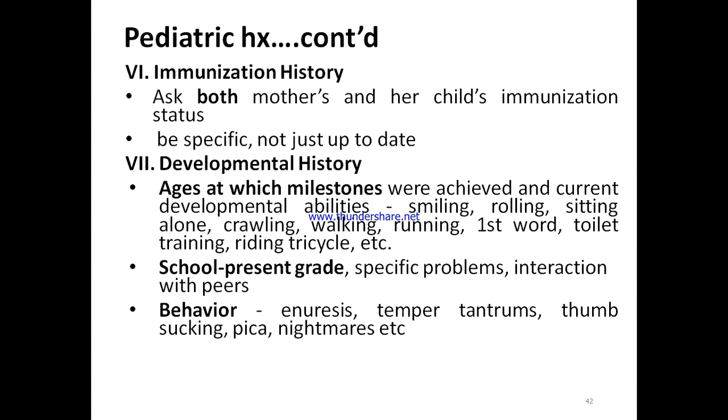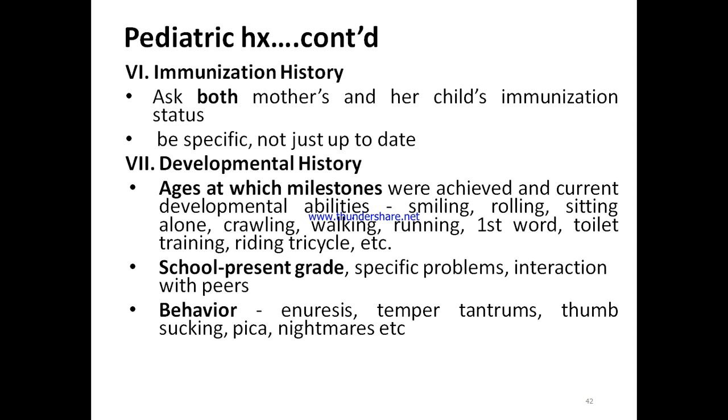The other parts of pediatric history: developmental history, the age at which milestones are achieved and current developmental ability, like smiling, rolling over, sitting alone, crawling, walking, running, words, toilet training, riding a bicycle, etc., which directly correlate with the developmental history of newborns.